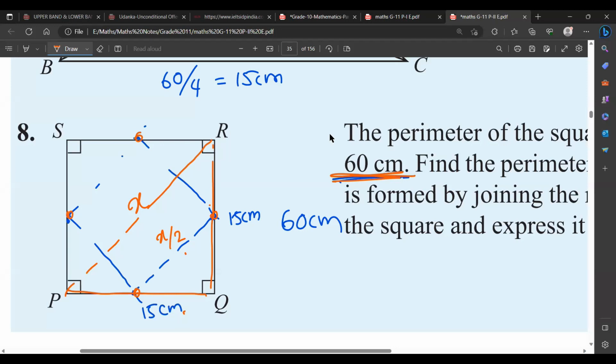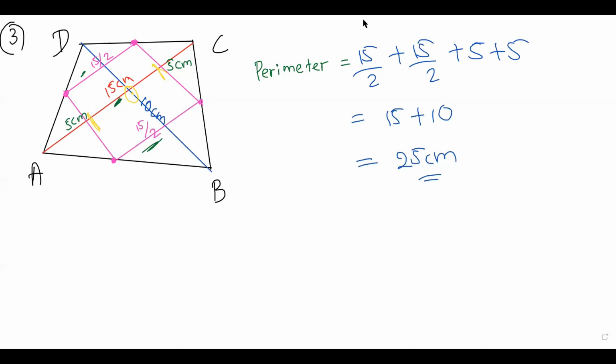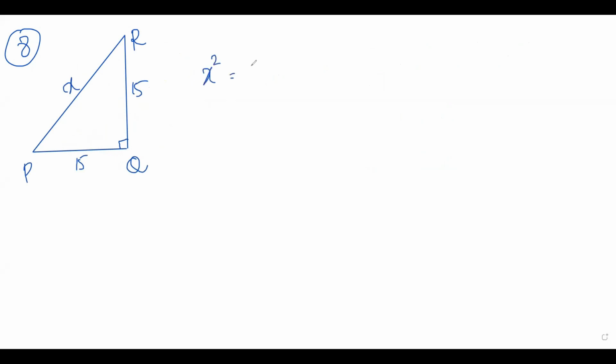So if I consider PQR, okay. Last one. I consider PQR quickly. This is 15. P, Q, R. If I mention this as X, this is 15. How to find X? X square should be 15 square plus 15 square.